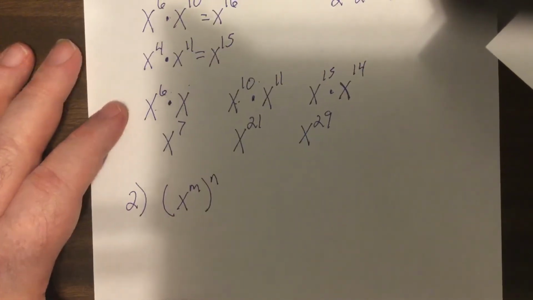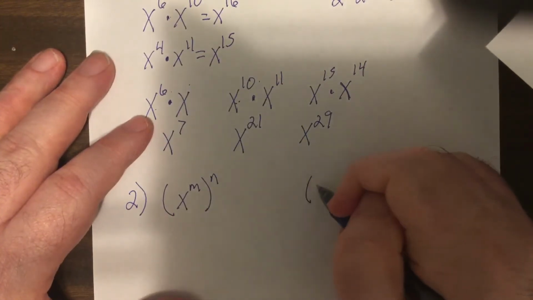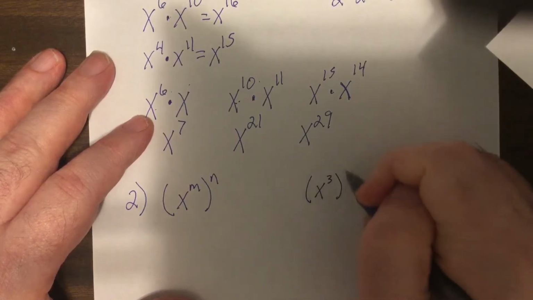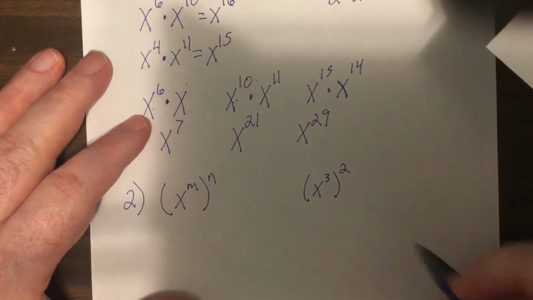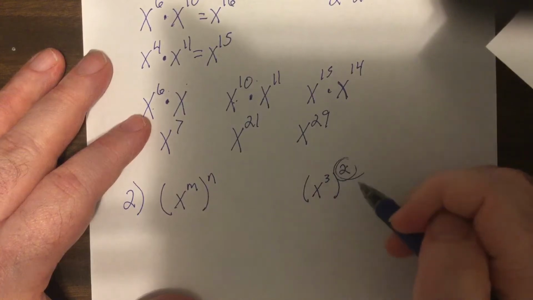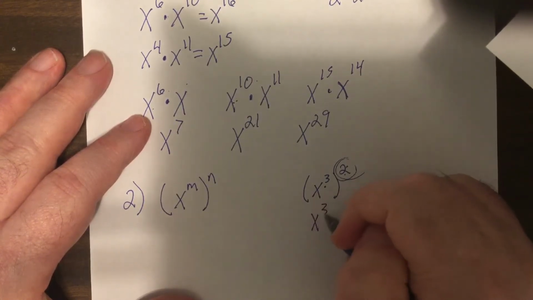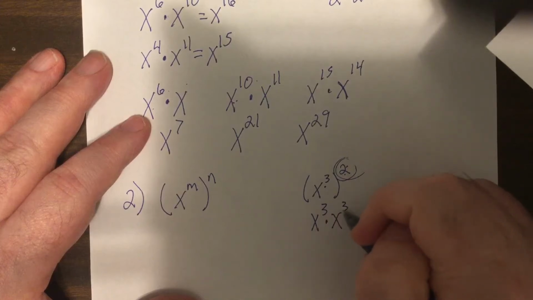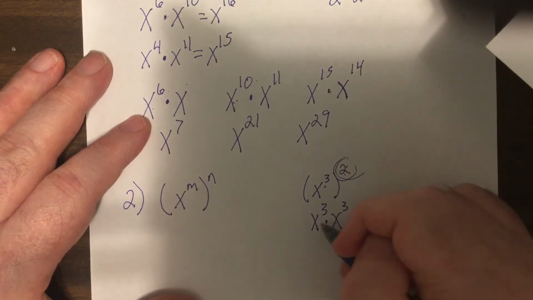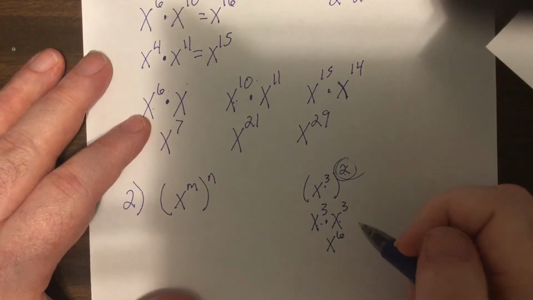So if I have x cubed and I want to square it, well, that square means you have 2 of these multiplied together. Well, law 1 says when you multiply two things same base, you add the powers.